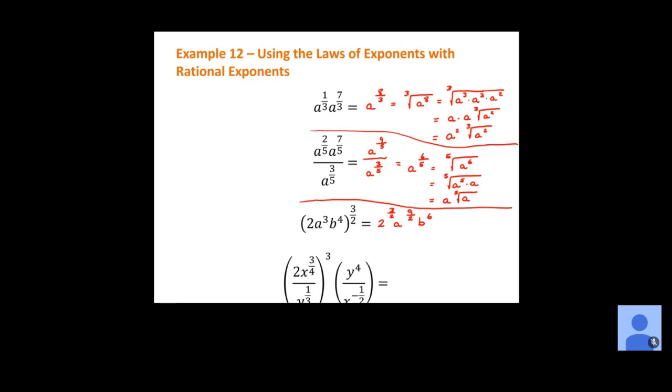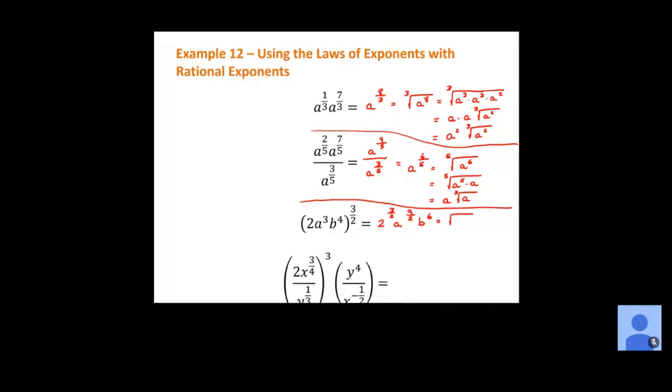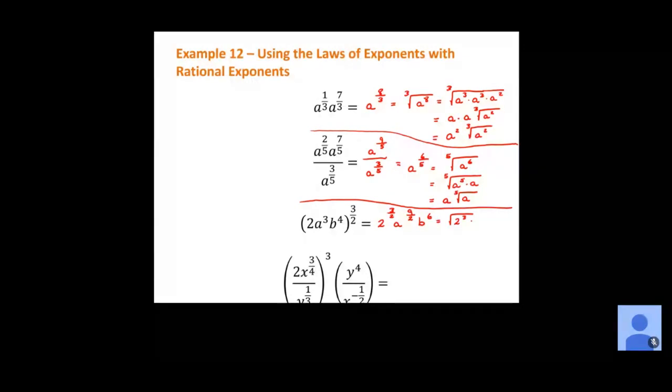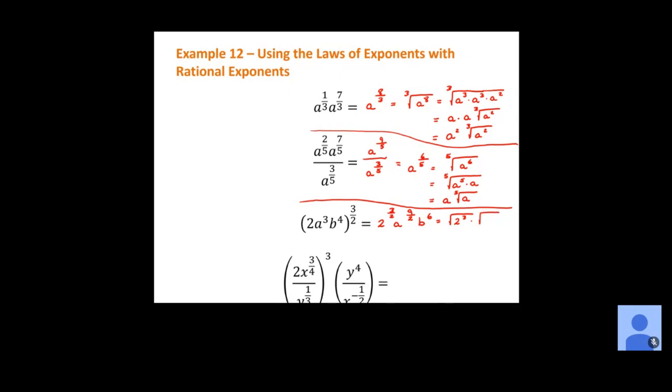All right, now we can rewrite what we need to as radicals, right? The b to the 6th is just going to stay like that. The other two, though, will become radicals. So this is now going to be the square root of 2 to the 3rd power times the square root of a to the 9th power times b to the 6th.